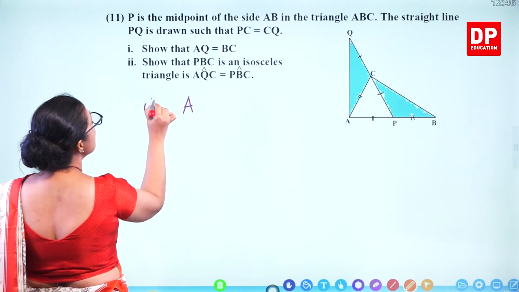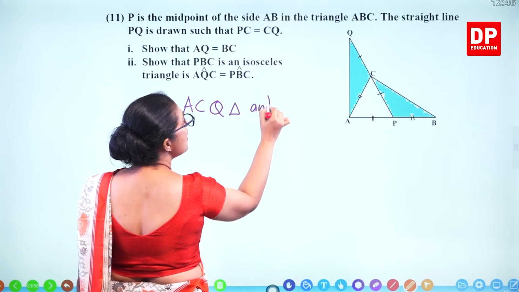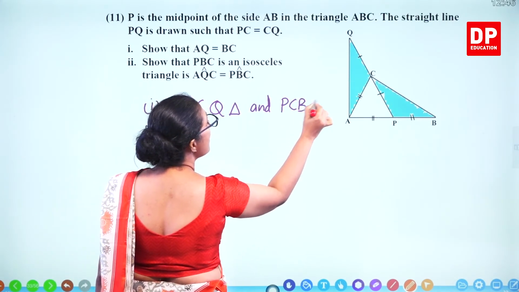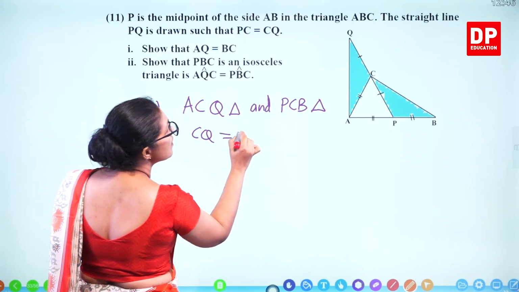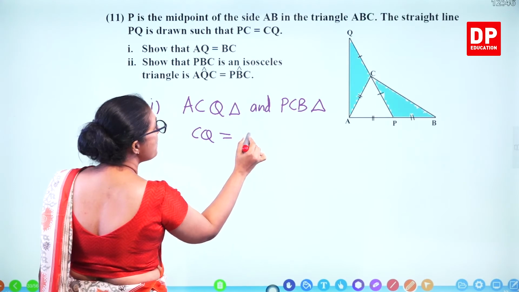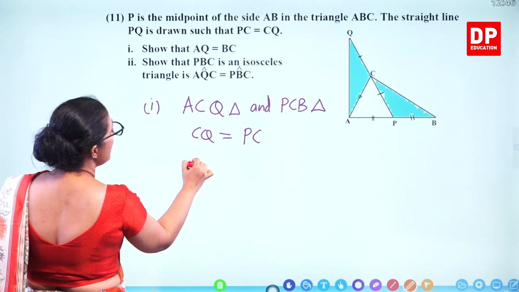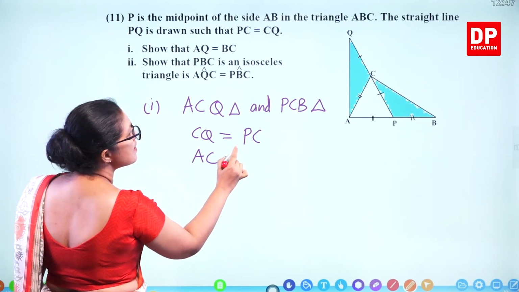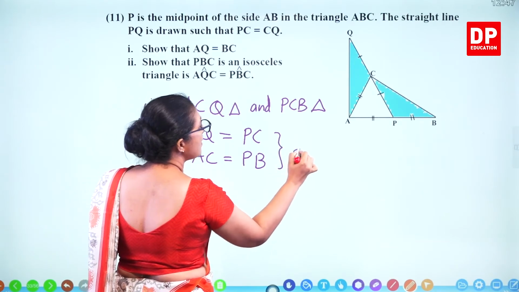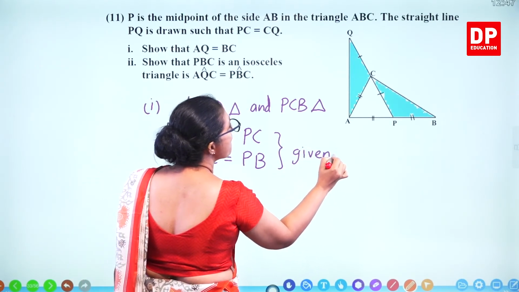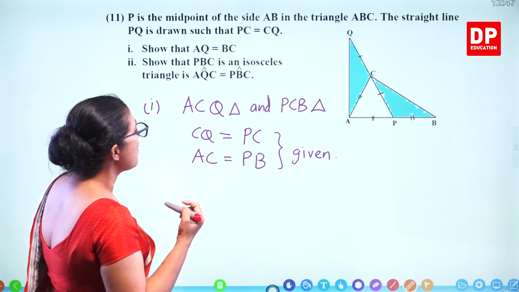Triangle ACQ and triangle PCB. It's given CQ is equal to PC. And also AC is equal to PB. These 2 are given. And we need to find out another angle.